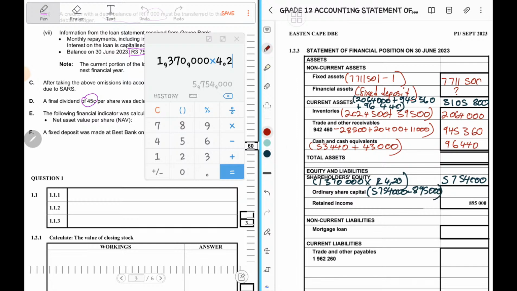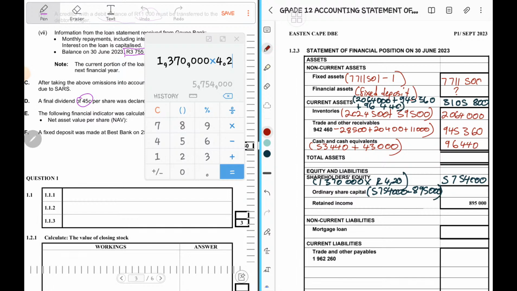That'll give us the ordinary share capital minus 895,000. That gives us how much? 4,859,000.